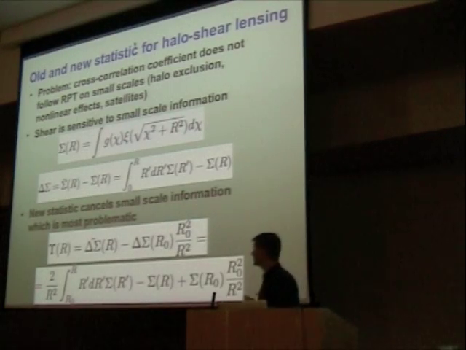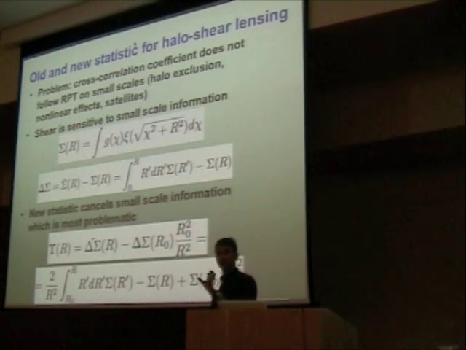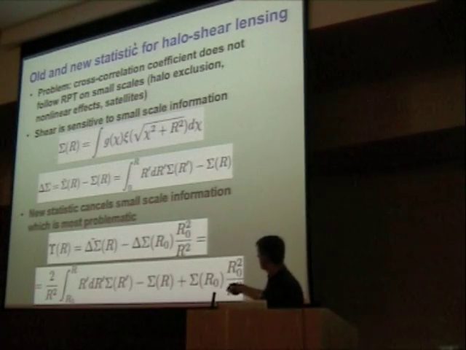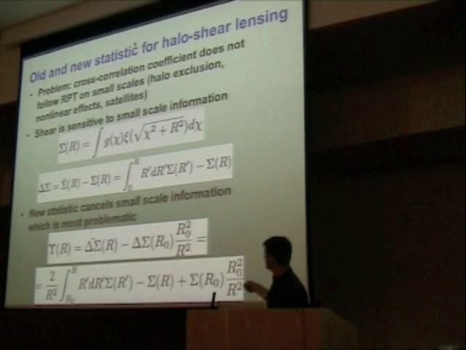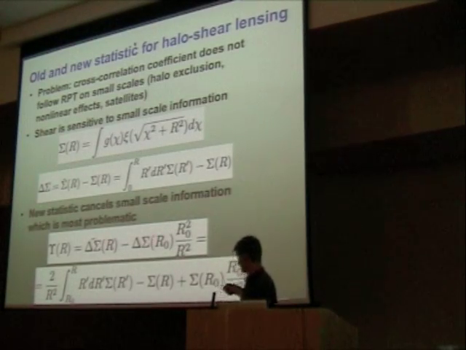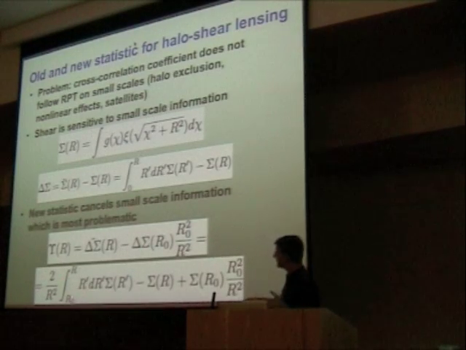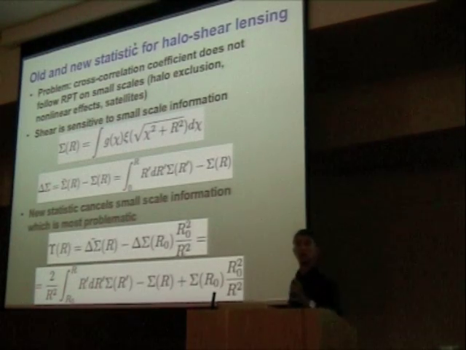So instead of that, we introduce a new statistic which cancels the small scale information, which is where this is the most problematic. We call it epsilon, and basically it's just some combination of delta sigma minus delta sigma at a given radius times this. And you can show that this only has information from some r0 to r, no longer from 0.